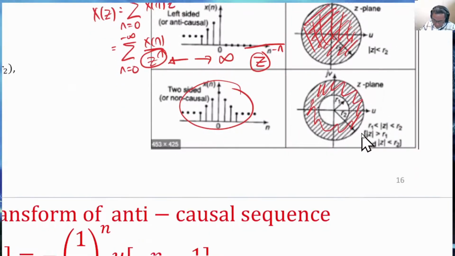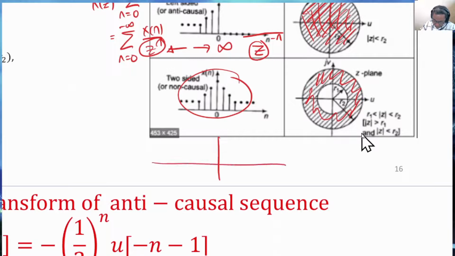Now, you can try this signal, a signal that is just not a unit step. A unit step only exists on the right. So it is a constant existing from n equals negative infinity to positive infinity. And you realize that actually this signal has no Z-transform.